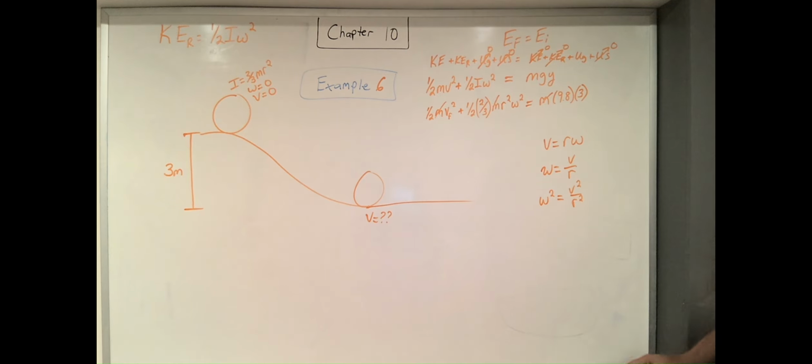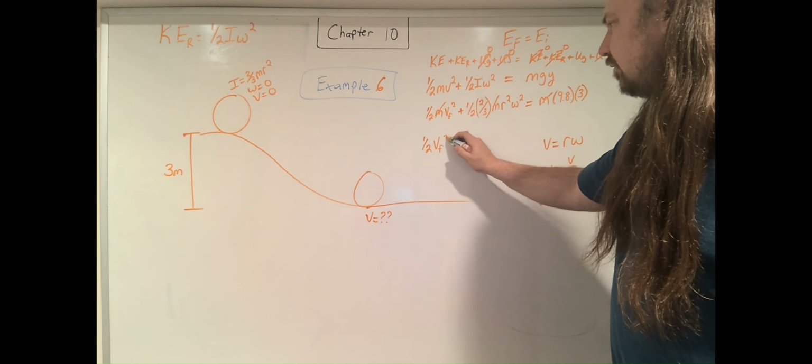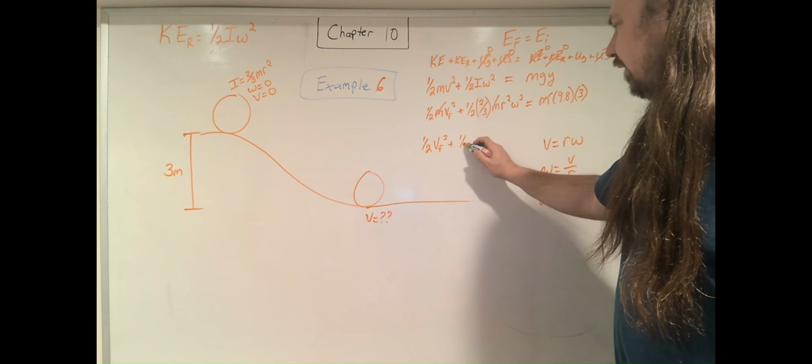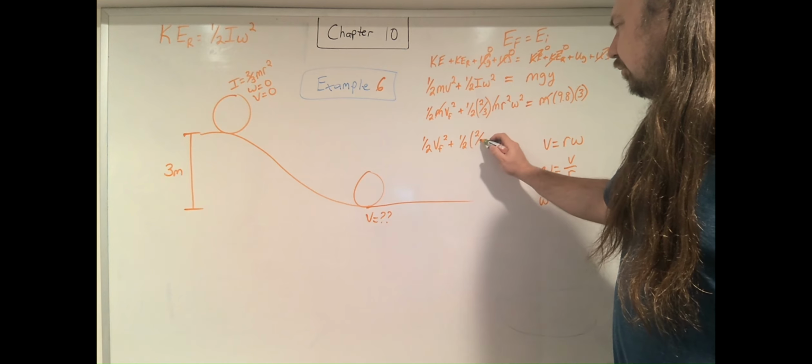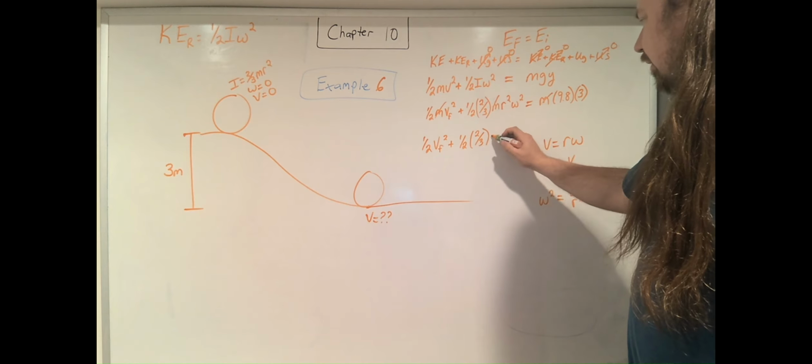Okay, let me make that substitution. That'll get me into v. I'm going to have 1/2 v f squared plus 1/2 of 2/3. m is gone, so I'm going to have r squared.